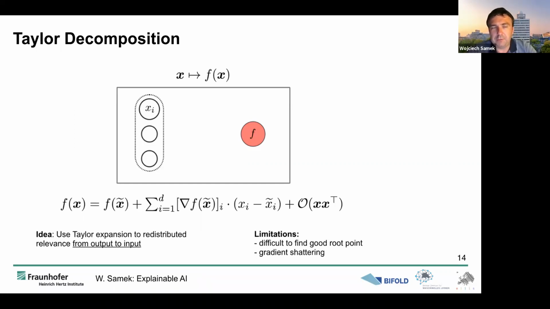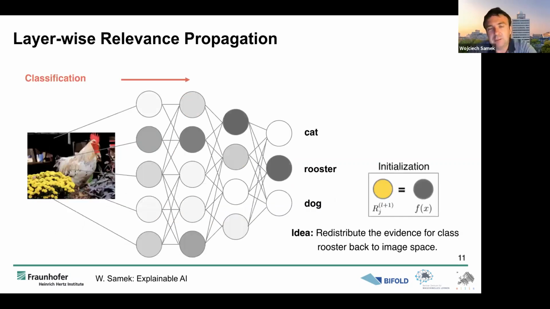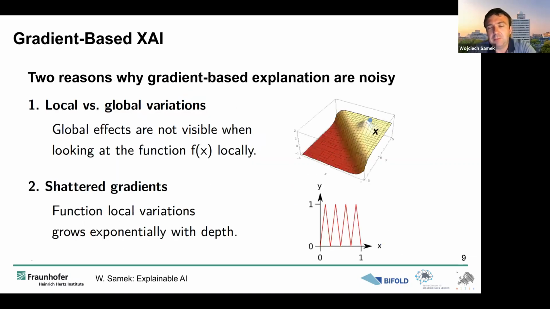It works well for simple models, but unfortunately for deep neural networks, it has some big limitations. The first thing is that I told you about this gradient shattering problem, that for neural networks, gradients become very noisy and not really reliable with depth.